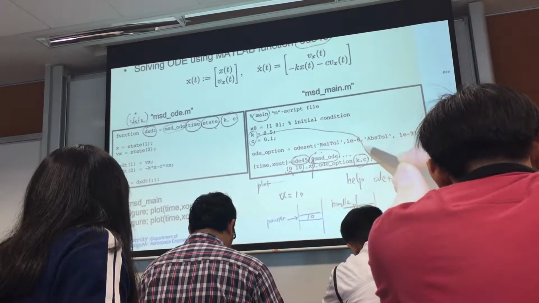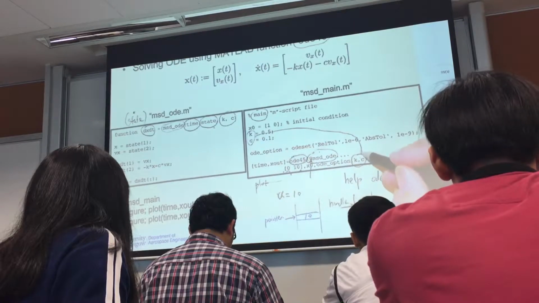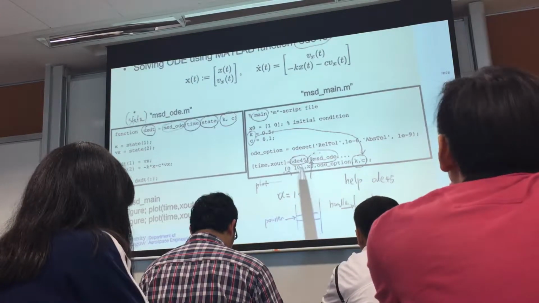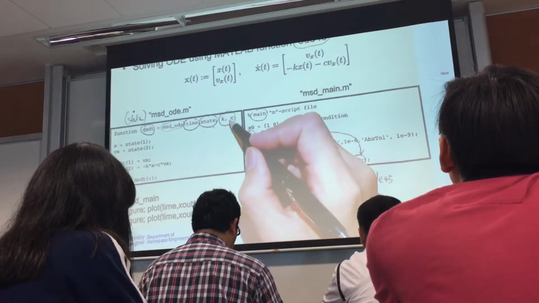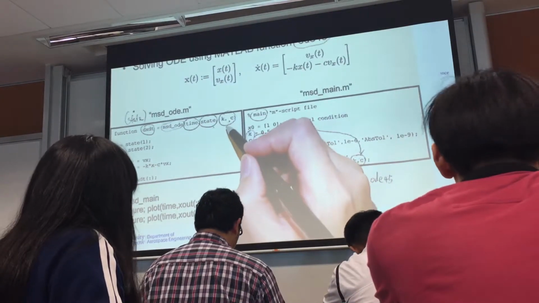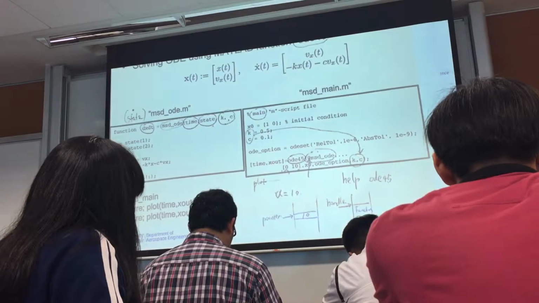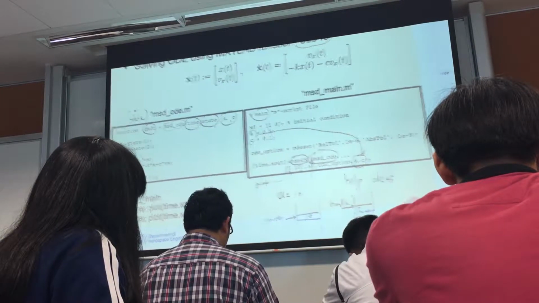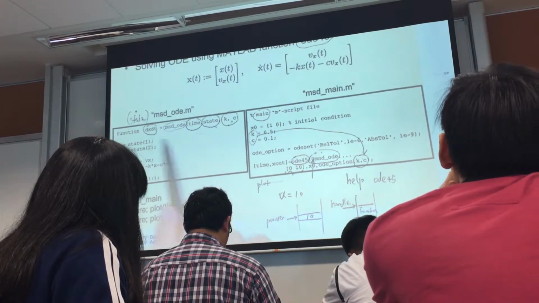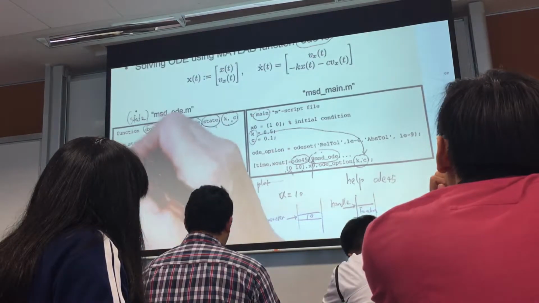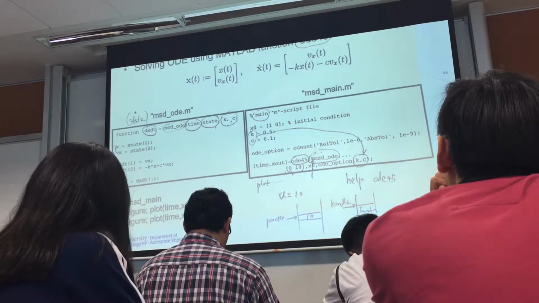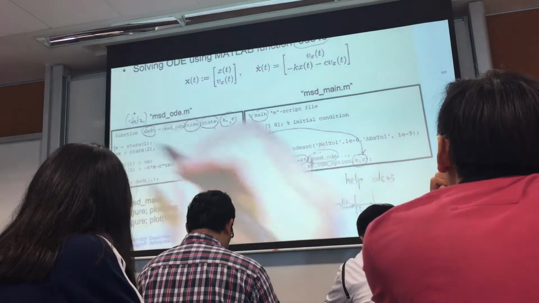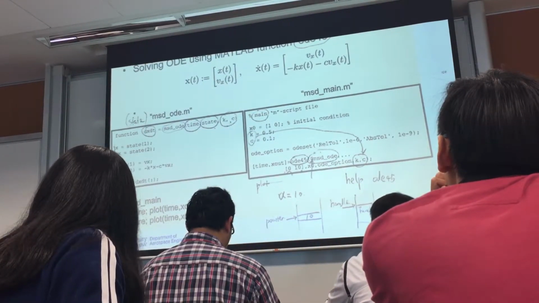When you transfer, you use these parameters in the ODE45 command, and then these parameters will be transferred into your differential equation. So this is the interface for the differential equation. Now, how to define this differential equation? It's also quite straightforward.